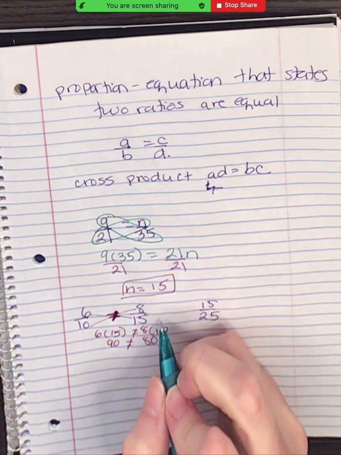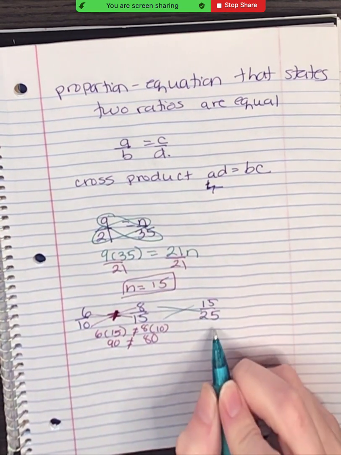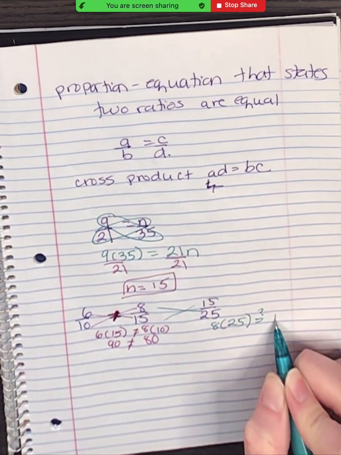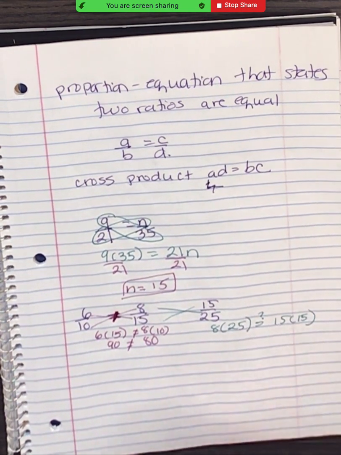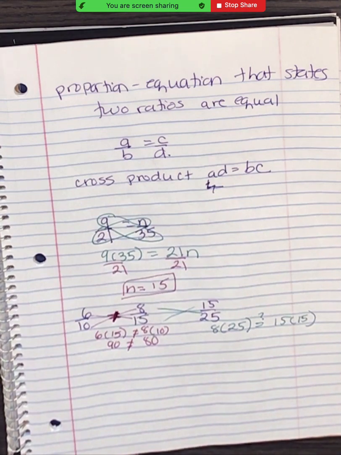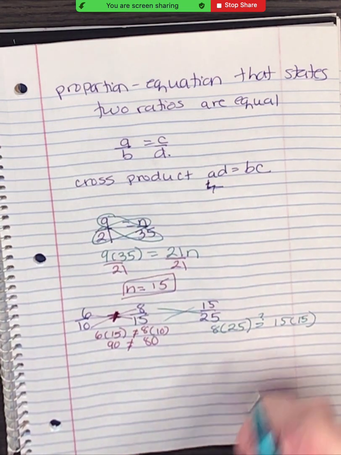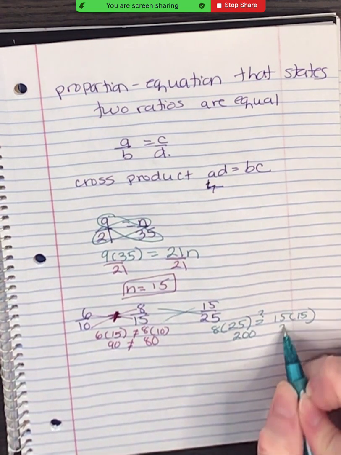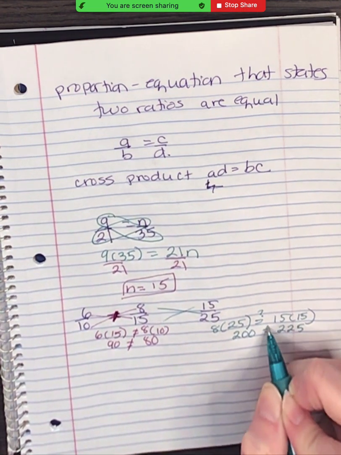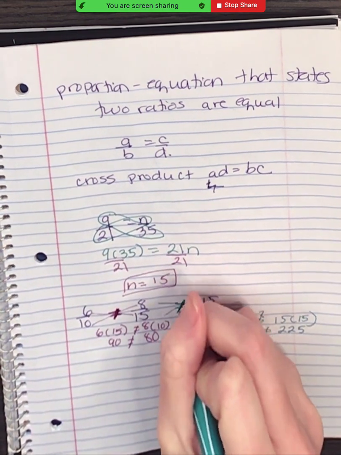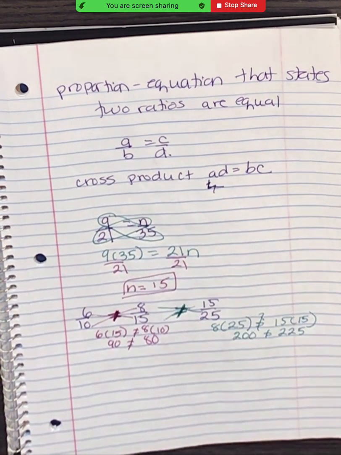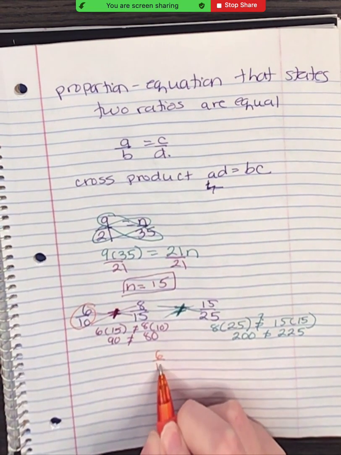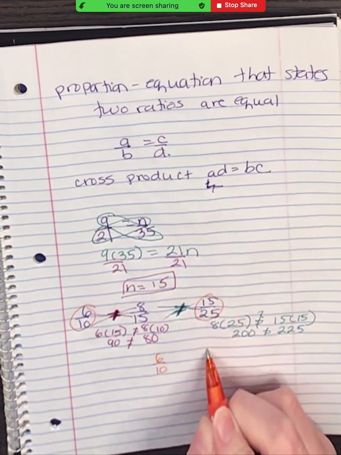Then we're going to check here. Okay, 8 times 25, does that equal 15 times 15? Well, 8 times 25 is 200, and 15 times 15 is 225. So they are not equal, those two ratios. Then I'm going to check 6 over 10 and see if it equals 15 over 25.